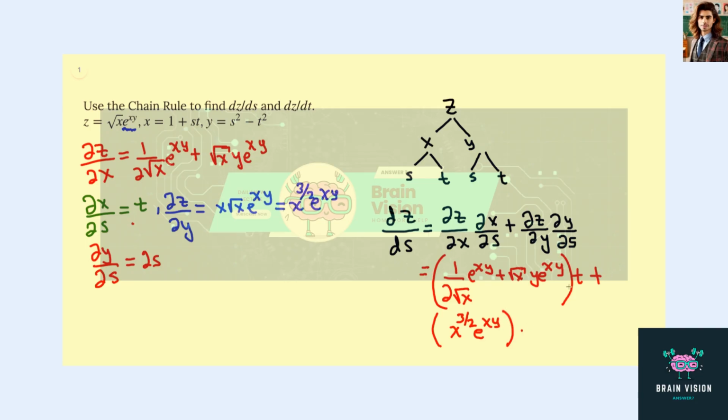And then multiply that with the derivative of y with respect to s, that was 2s. So this is one of our answers, the derivative of z with respect to s. And now we'll have a similar formula, but this time for the derivative of z with respect to t.